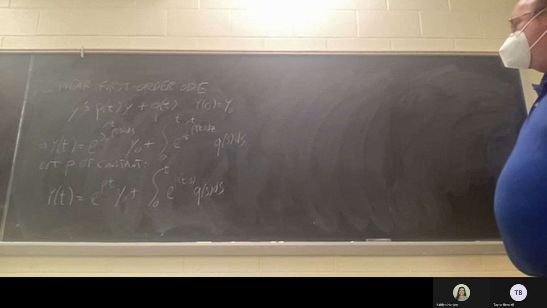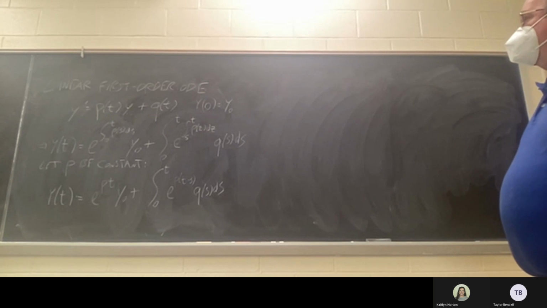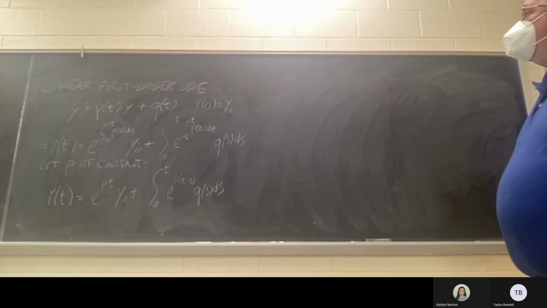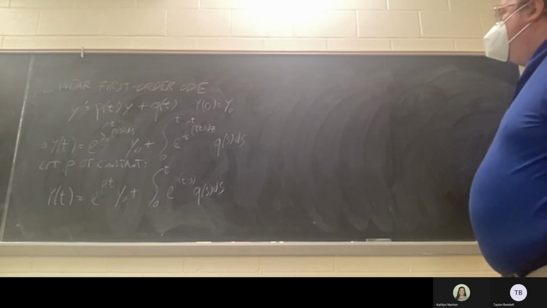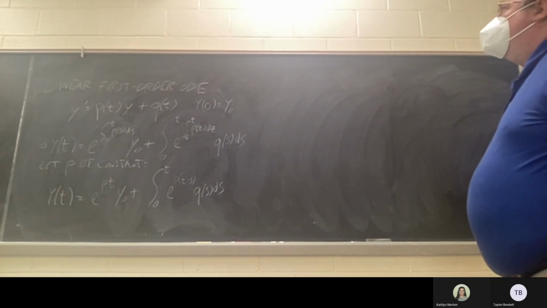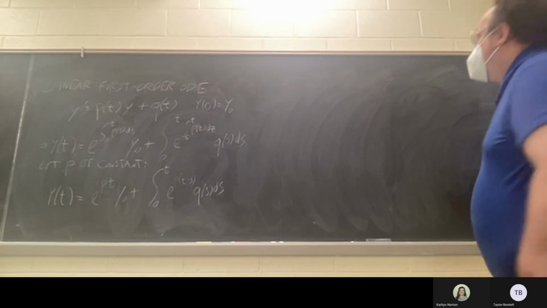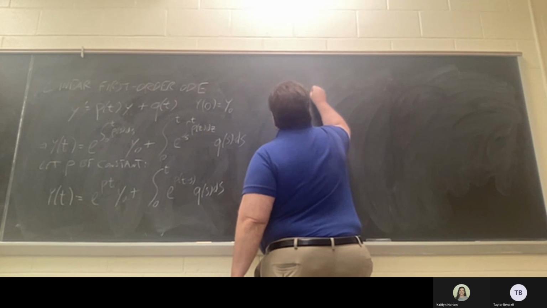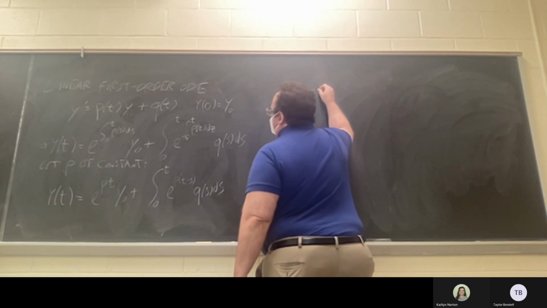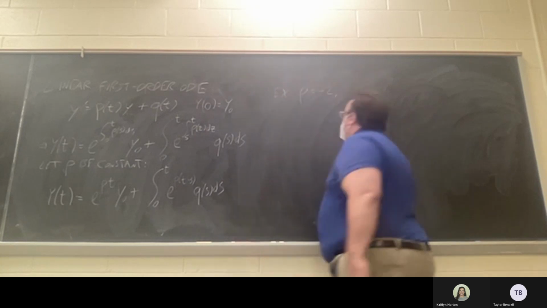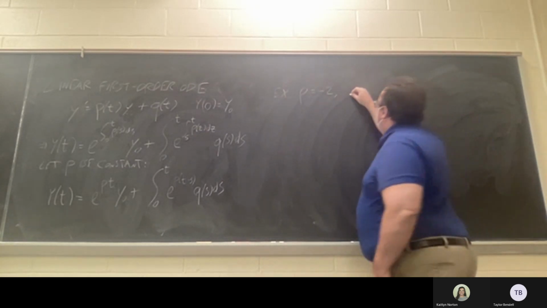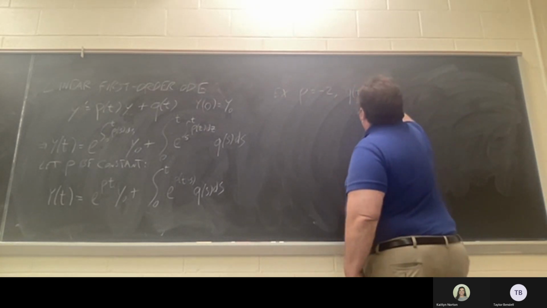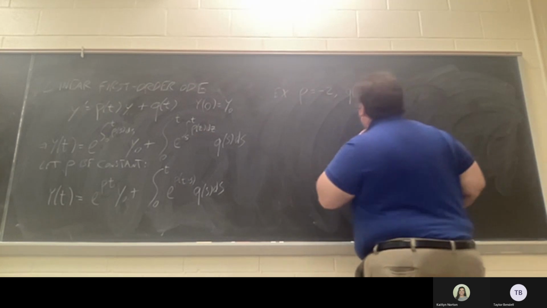Now I'm going to work through an example. I need to choose a specific function for q. Let's see. I'll let p be equal to, say, -2, and then I'll choose q of t equal to t.